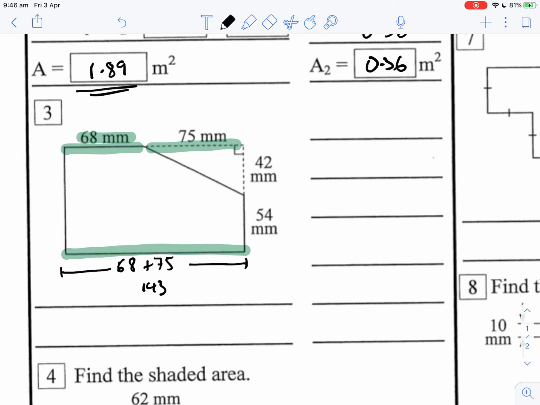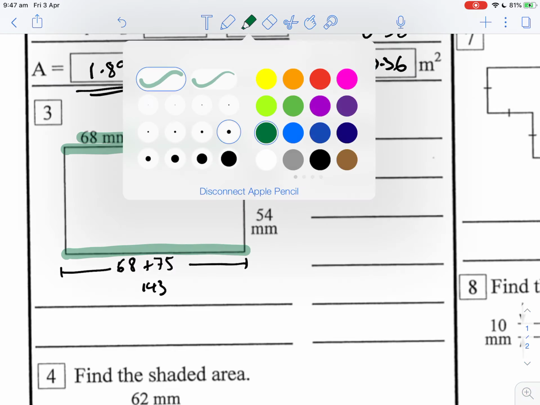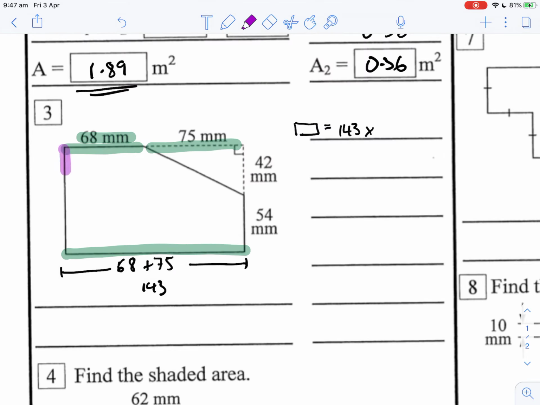So for the rectangle, and they've removed the scaffolding now, so you can show it however you like, but I might even put the symbol next to it. So for the rectangle, it's 143 times the height on the other side. And again, I've got to add these up, so that's going to be the 42 plus the 54.